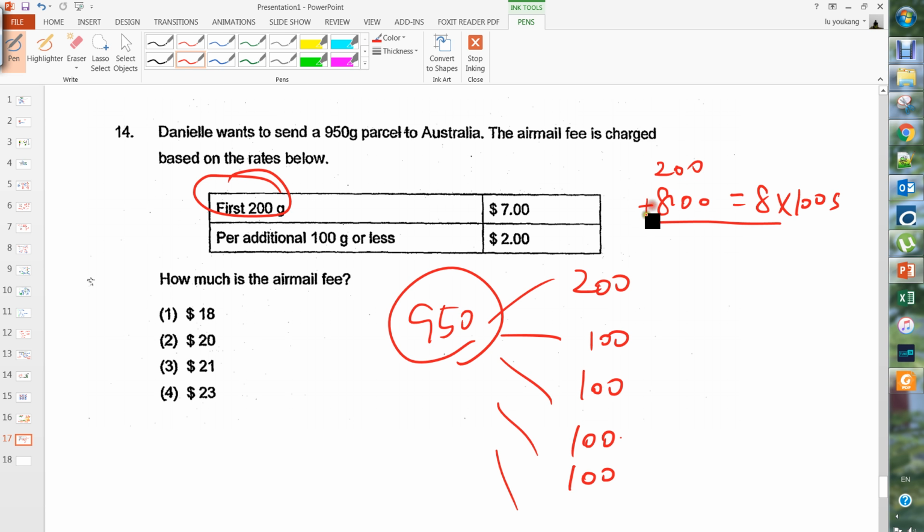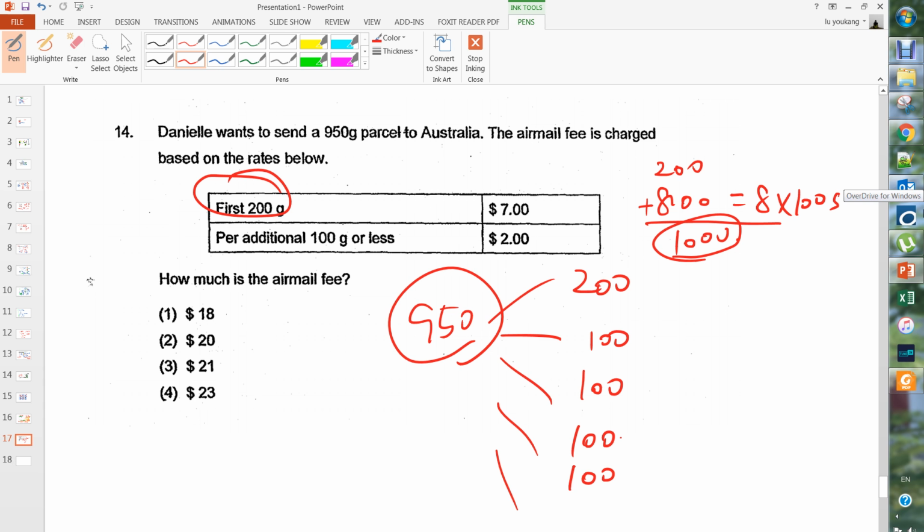What's the total here? 200 plus 800 is 1000. This 1000 already exploded. How can you exceed? I asked you to distribute 950, right?